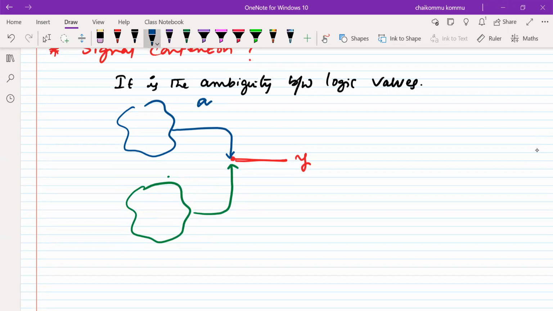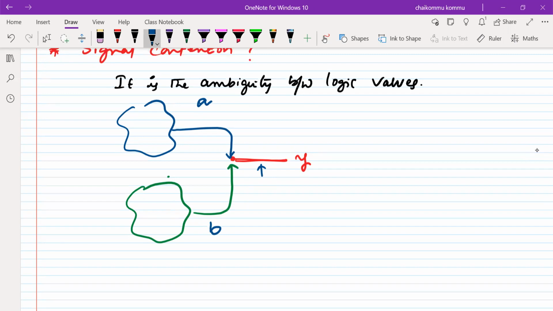For example, A is one output and B is the other. Is A selected for Y or is B selected for Y? This is a real situation that will happen in any digital circuit. Sometimes it is necessary to connect two or three outputs to a single node, that means this particular net is driven by two different logic values.